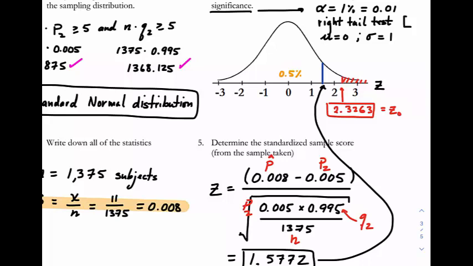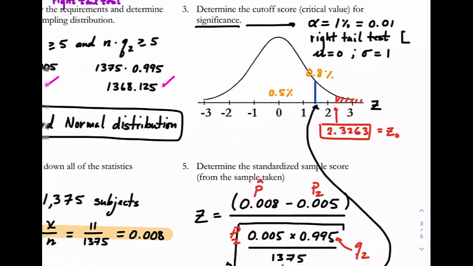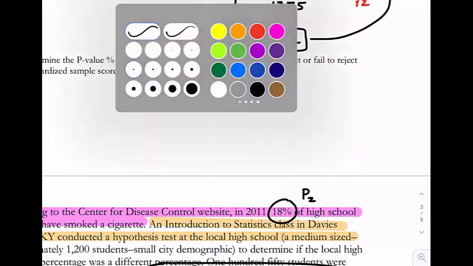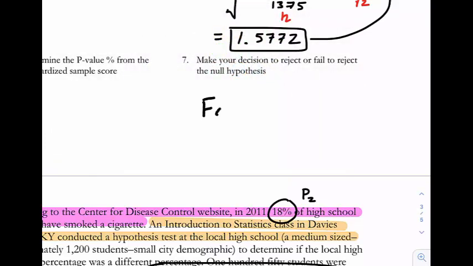Therefore, the cell phone users don't stand out to be anything different than non-cell phone users. So both percentages are statistically the same. Therefore, because it's not in the rejection region, we're going to fail to reject the null hypothesis.